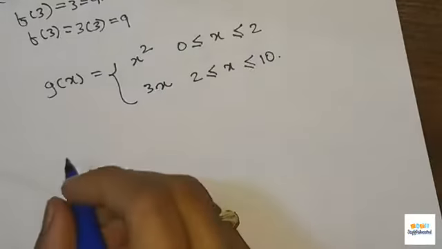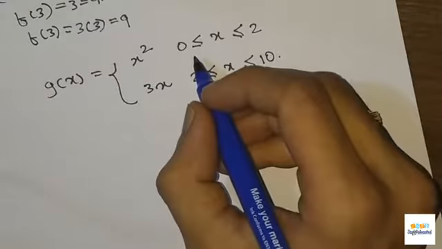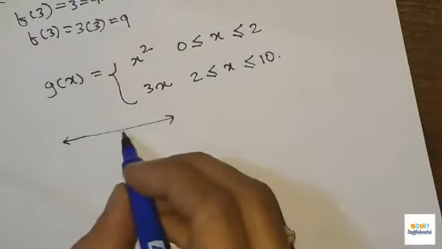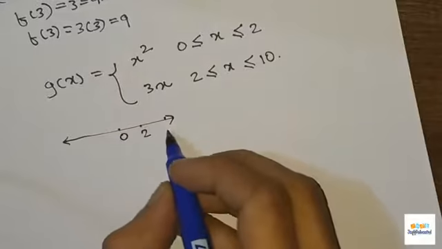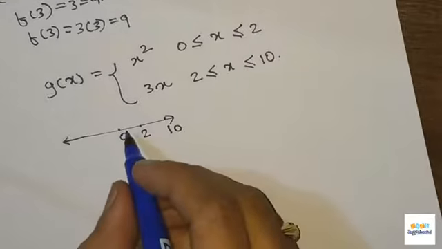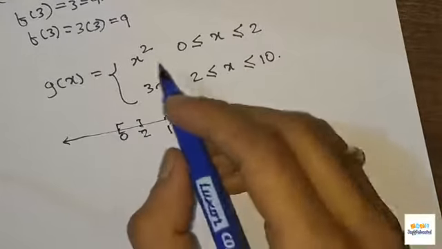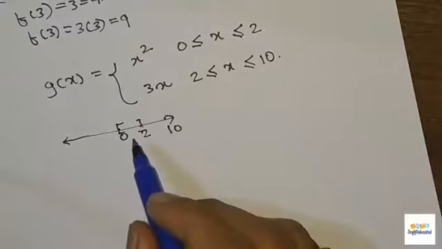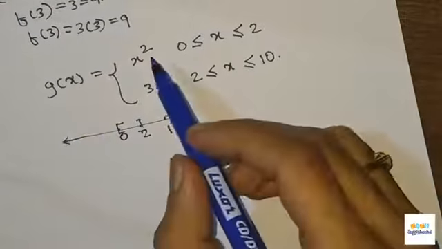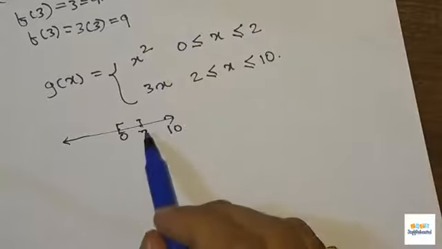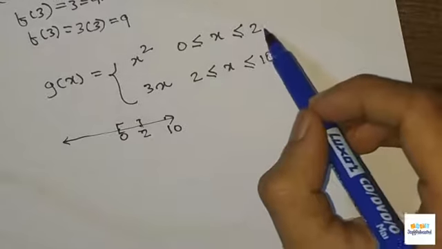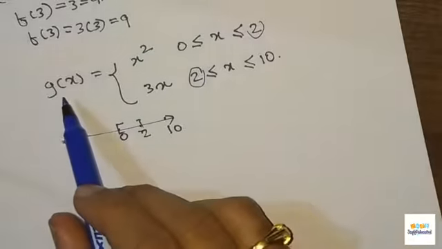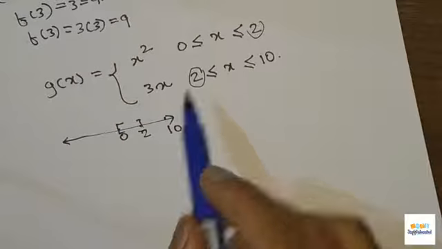Now if we check the values in the domain here, first, if we draw a number line 0 to 2 up to 10, all the values between 0 and 2 will have different squares. So the function g will take unique values for the values between 0 and 2. Here you have 2 in both parts, so we have to check the value of the relation g at 2 also.